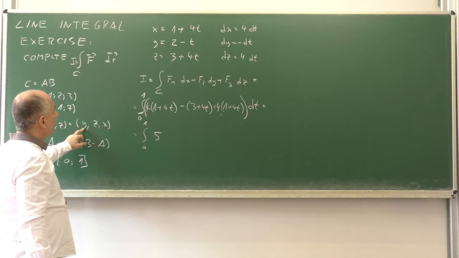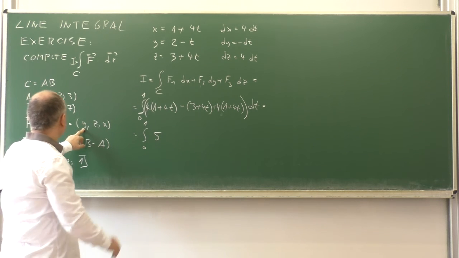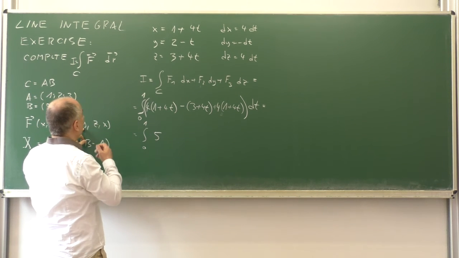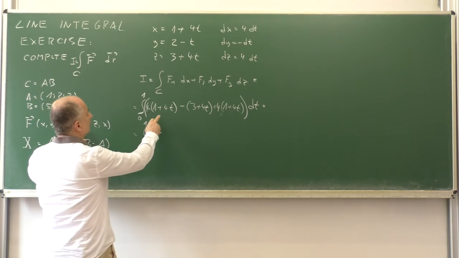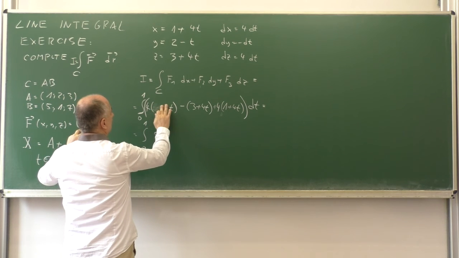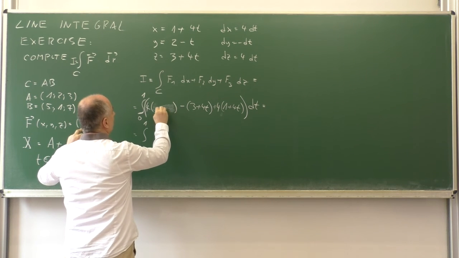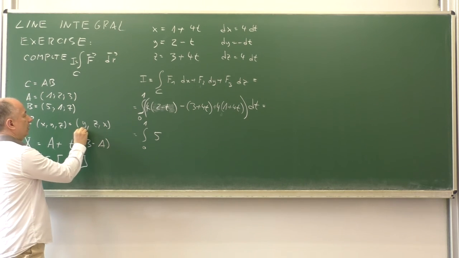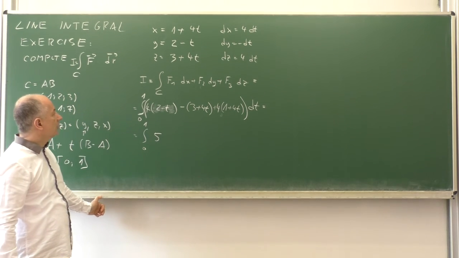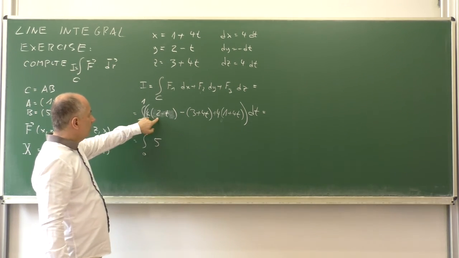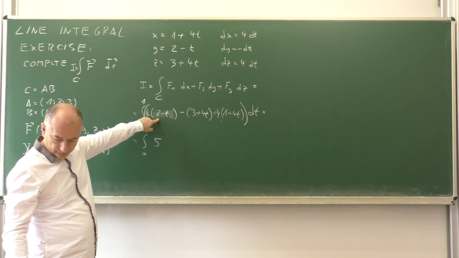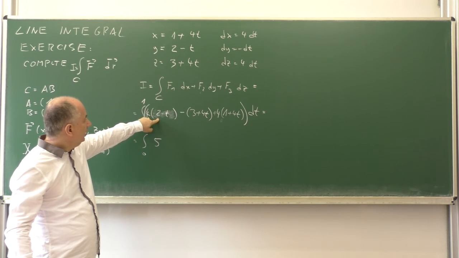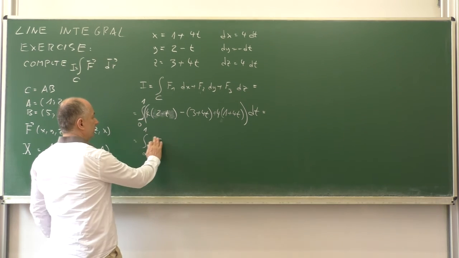Sorry. The first component of f is y. So instead of 1 plus 4t, there should be 2 minus t. f1 is namely equal to y, and y is 2 minus t. So we have 8 plus 4 is 12, minus 3 is 9.